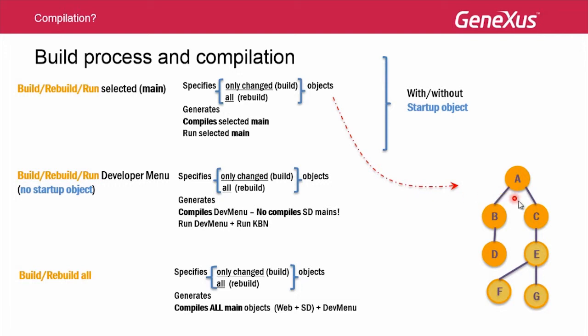So, if the main object is A, and let's suppose it's another main object, when a build of object A is done, only the objects with changes from among these three will be considered.